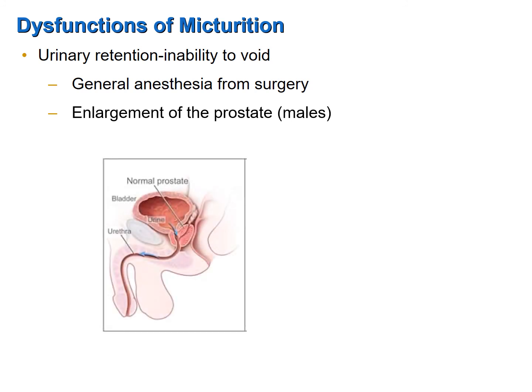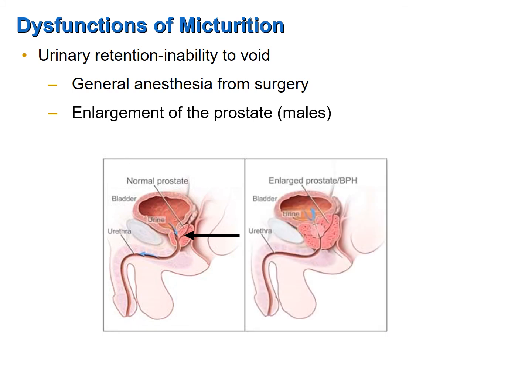If you look at this figure, you'll notice that the first segment of the urethra passes through the prostate. If the prostate is enlarged, as shown on the right here, it can completely collapse the lumen of the urethra. As a result, very little, if any, urine is allowed to pass through the urethra.